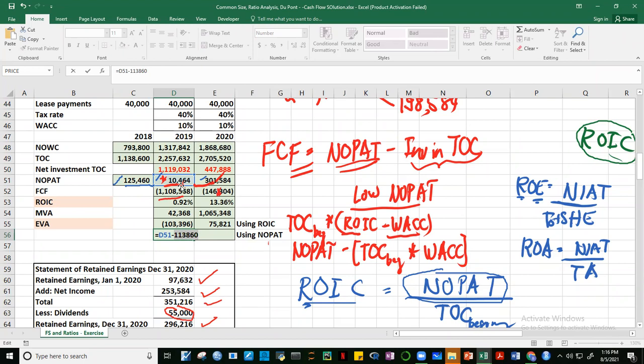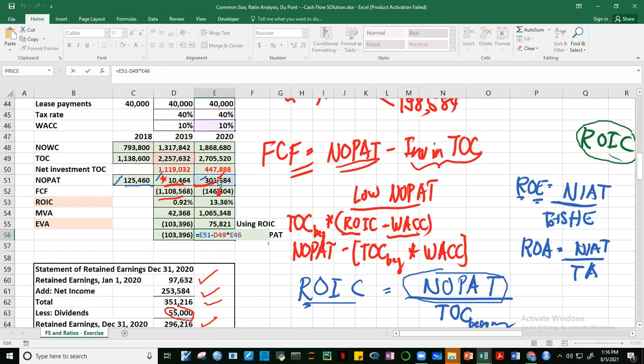The difference between your NOPAT and your capital charge is 103,396. Ito yun. So EVA was negative because NOPAT was not above the capital charge. Kailangan guys yung NOPAT mas mataas pa dun sa capital charge. Okay? So for 2020, the result was okay, no?